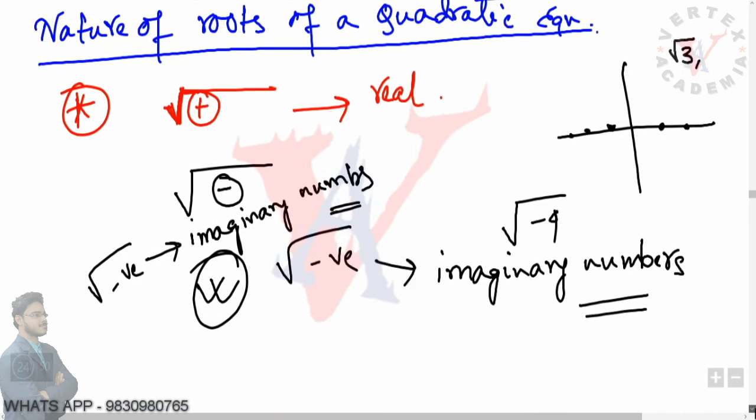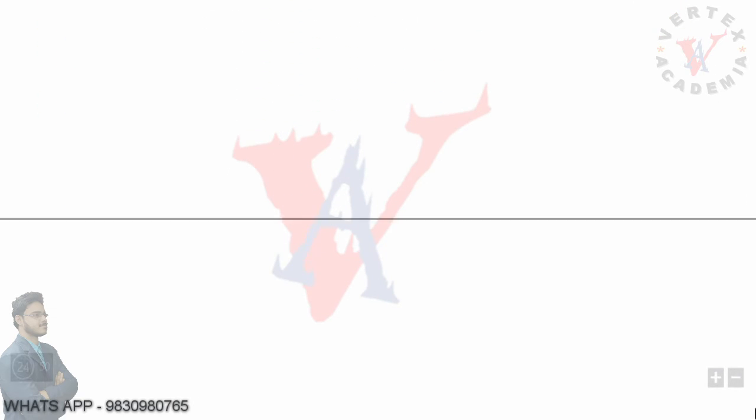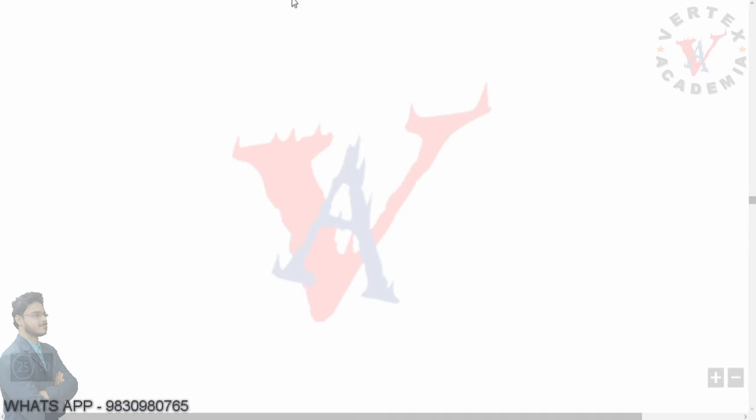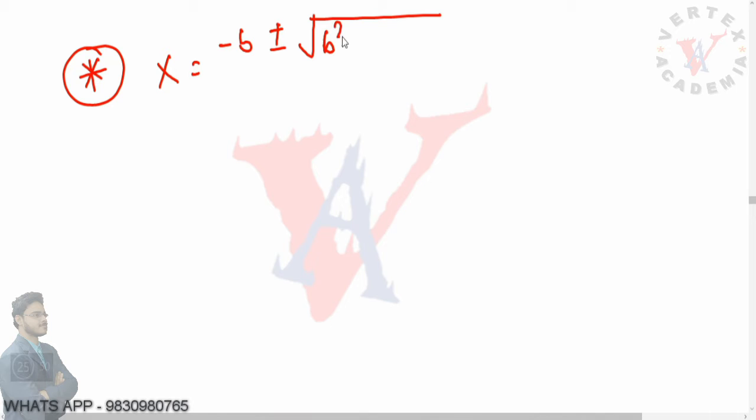To talk about the nature of roots, we have to start with Sridhar Acharya's formula. So what is it? x equals minus b plus minus root over b square minus 4ac, by 2a. Now what do we mean by the nature of roots?